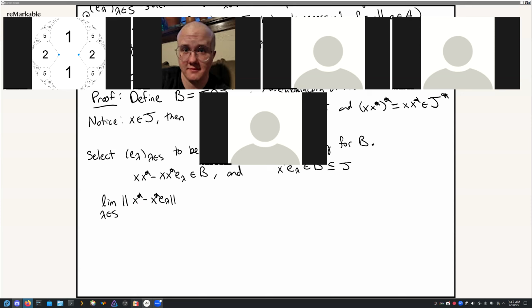So how do we compute this limit? Well, like a lot of the tricks that we see in this section, it's with the C-star identity.